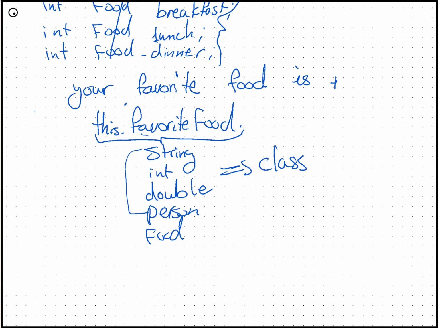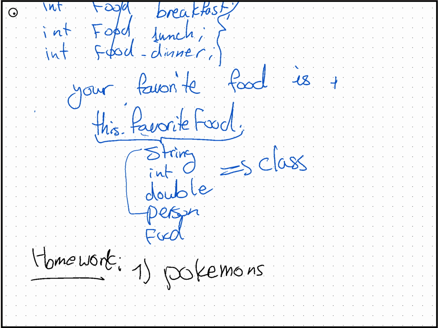Excellent. All right, in that case, let's jump to the homework section. So, the first homework I want to give you is about Pokemons. Are you familiar with Pokemons? Yeah, I am familiar with them. Oh, nice. Very good. They were quite big when I was growing up, but I think they're making a comeback.